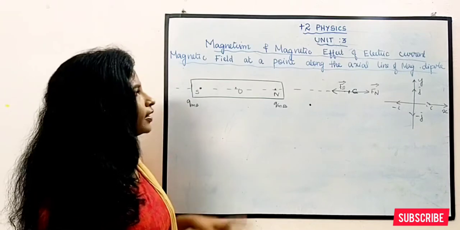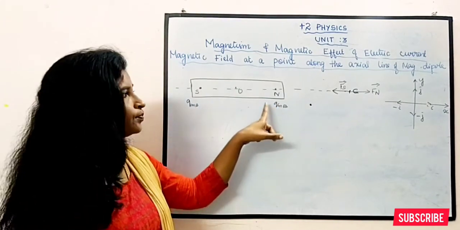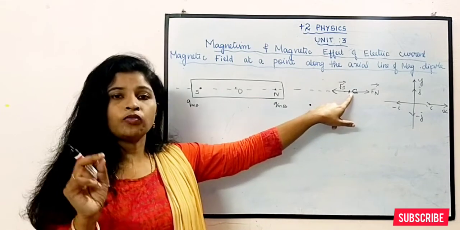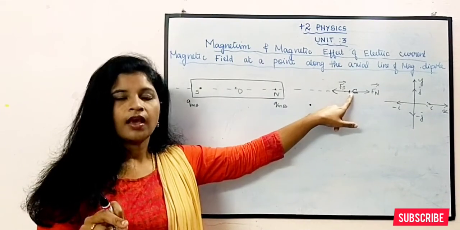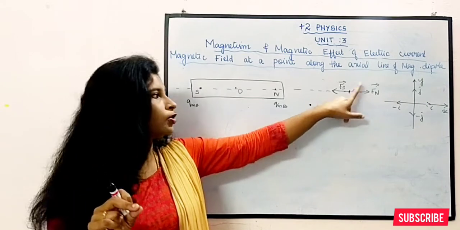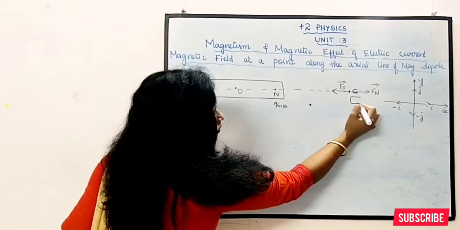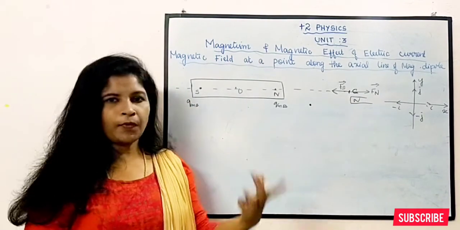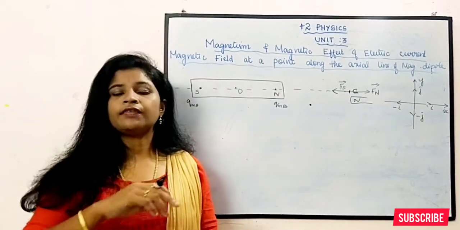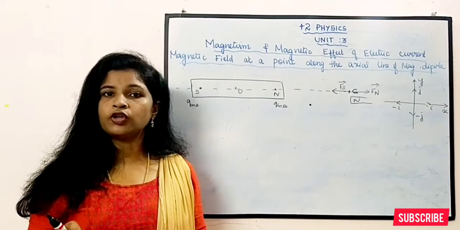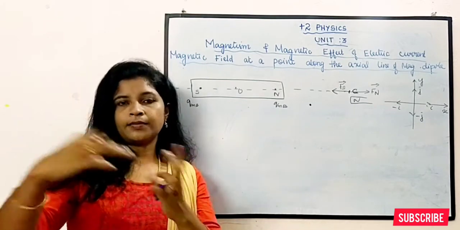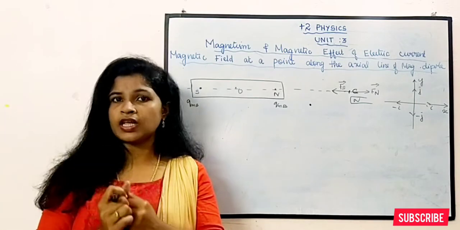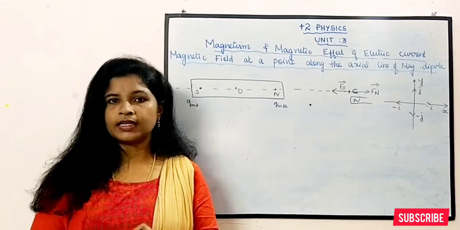At the point C on the axial line I am going to keep a magnet whose north pole faces this side. We always do this: to know what the magnetic field is like, we keep some other magnetic material nearby, and from the effect on it we find out how much magnetic field is there.